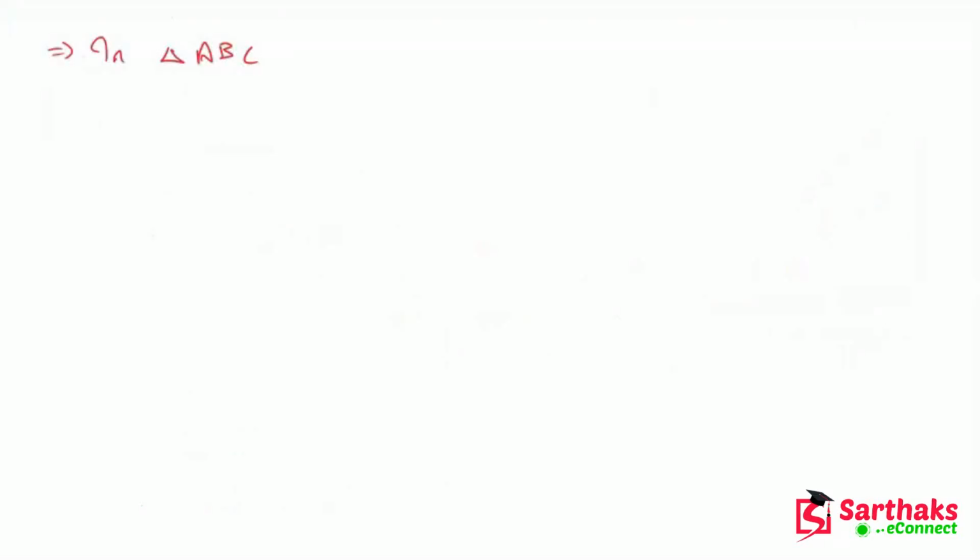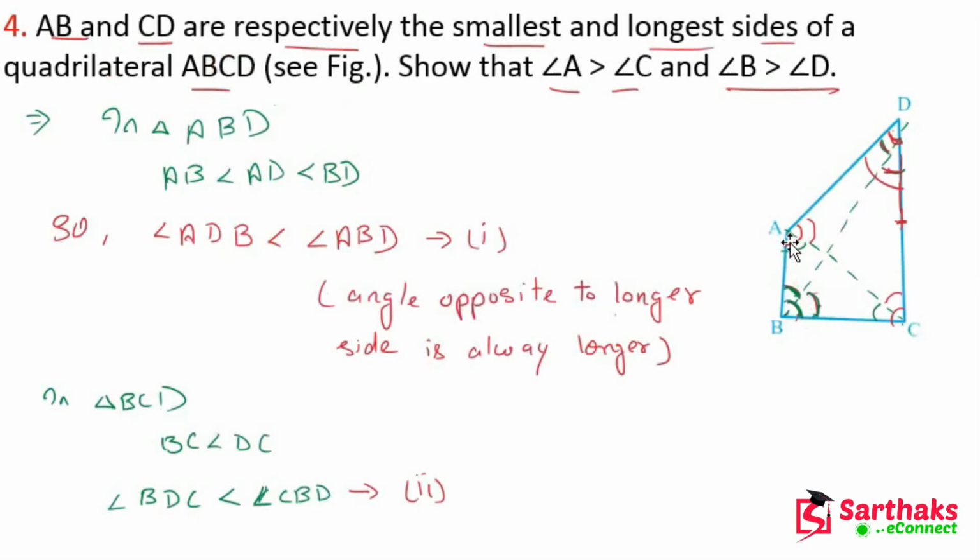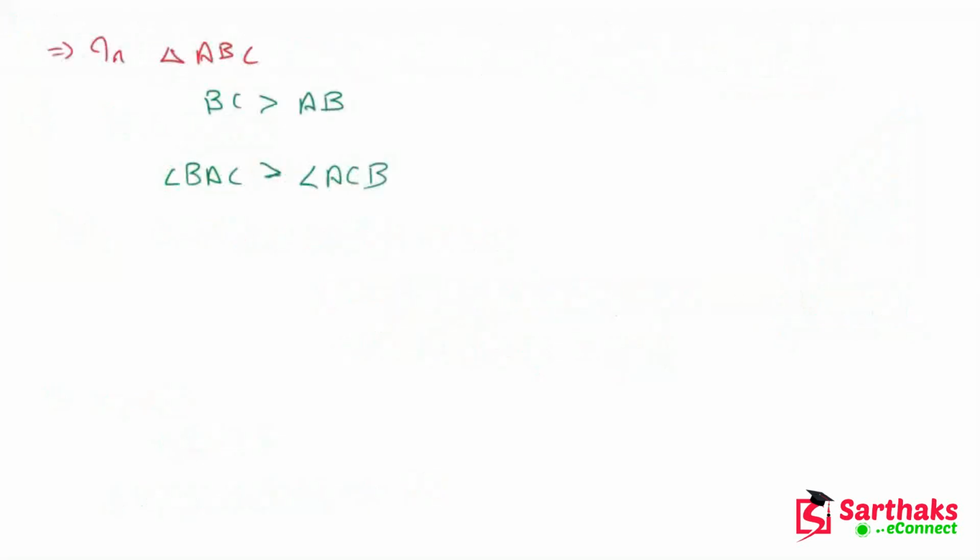So we can write, BC is greater than AB. So angle BAC is greater than angle ACB. So now this is equation number 4.